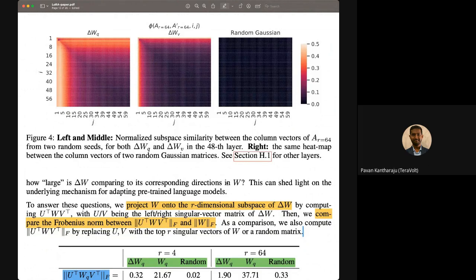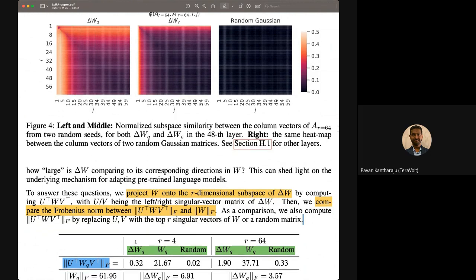The way they do this is that they take the pre-trained weights and project them into the different subspaces of these different vectors. You can have the ones that LoRA learns, the pre-trained ones, and a random one.